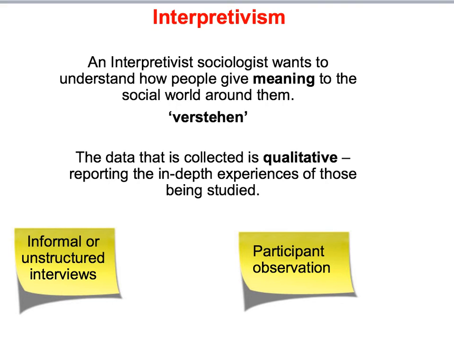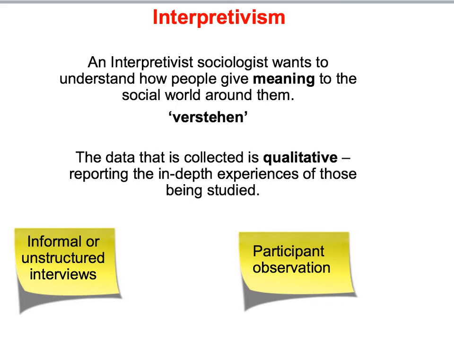They argue that it's not the job of the sociologist simply to be a detached neutral observer of things that can be directly measured. Instead, they argue that the job of the sociologist is to get as close as possible to the world of their subjects, to the group that they're studying, so that they can really begin to understand the world as it's experienced by that particular group, from their perspective, through their eyes.